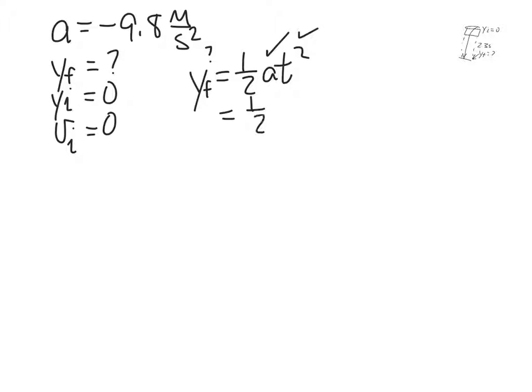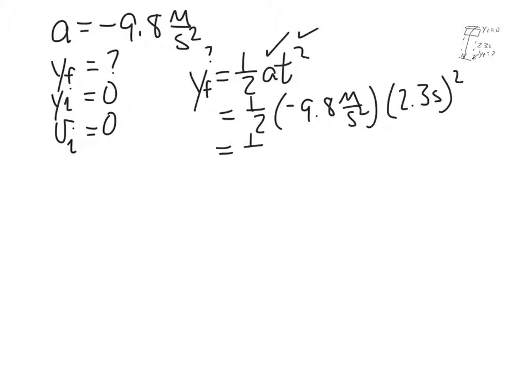So 1/2 times negative 9.8 meters per second squared times 2.3 seconds squared. Now we're squaring 2.3 seconds, so I'm going to do that separately here. So that is equal to 1/2 times negative 9.8 meters per second squared times 5.29 seconds squared.